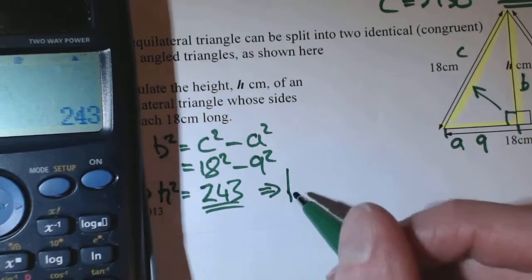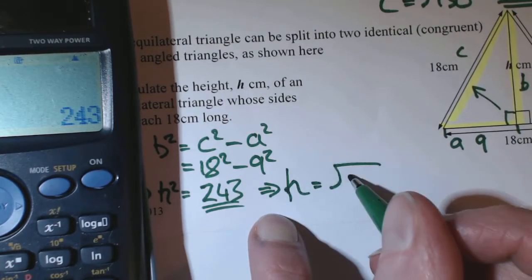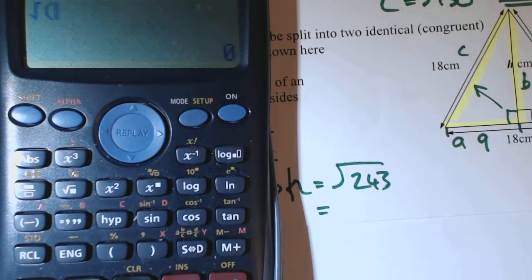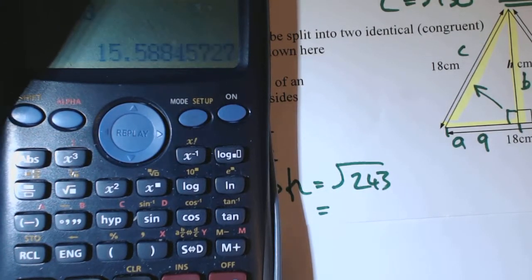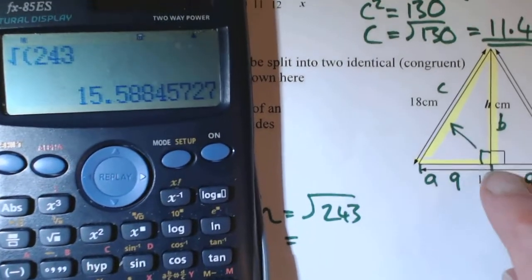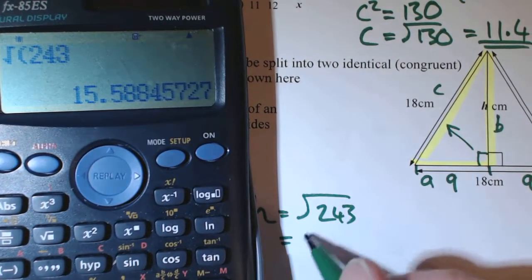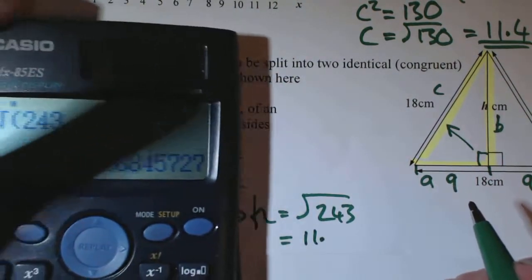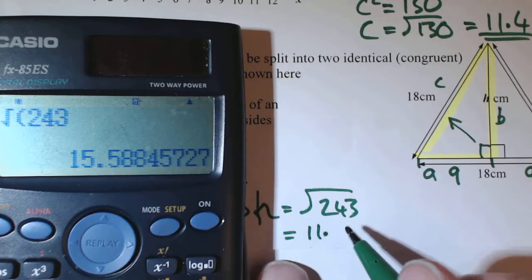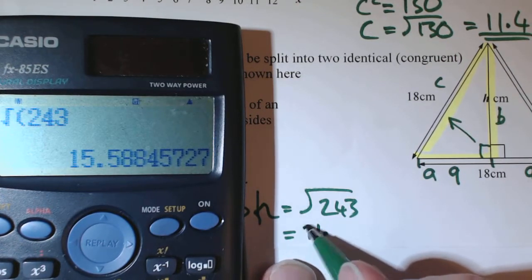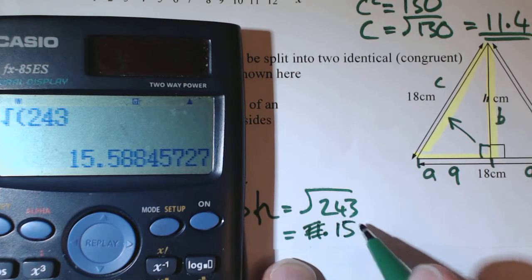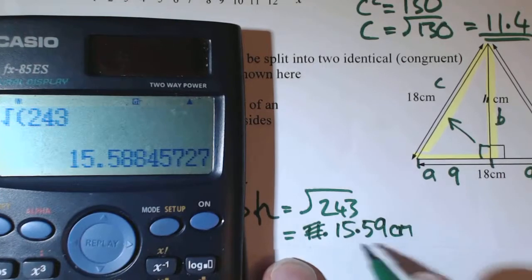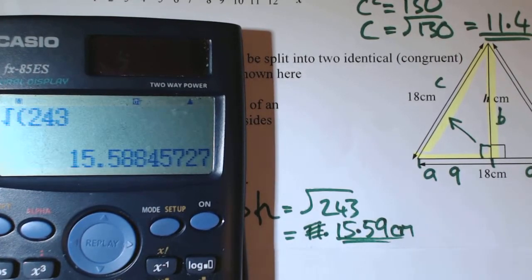That means, therefore, h equals the square root of 243, which means that this size of h, i.e. the height of the triangle, is 11 point. Now is it asking you for how many decimal places? No, I'm just going to say 11 point, it's not even 11, it's 15.59 centimetres. Okay, so that height is 15.59.